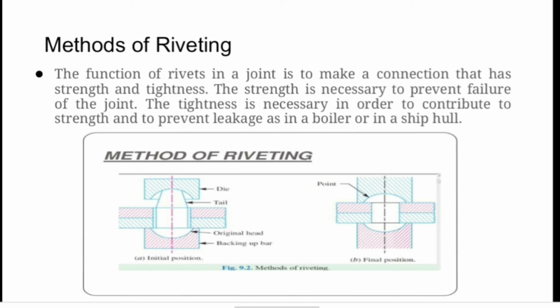The lower die is placed, and the upper die, based upon the head position, is also shaped like the snap die. When we apply some external force, like hydraulic or mechanical force, the die deforms the end and forms the same shape of the head. So this is the basic riveting process, or method of riveting.